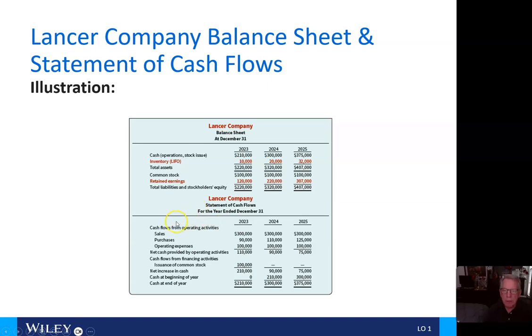And then for the statement of cash flows, we have the cash flows from operating activities here. We have the cash flows from financing activities here. And the cash flows from, looks like, investing activities here. And so the net increase in cash, the cash at the beginning of the year, and then the calculation of cash at the end of the year.